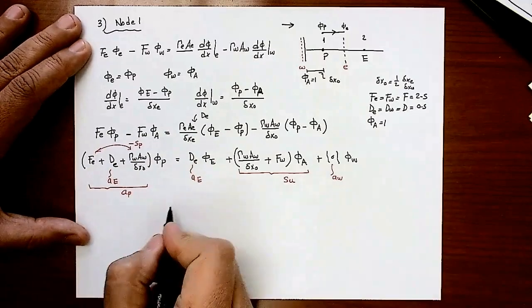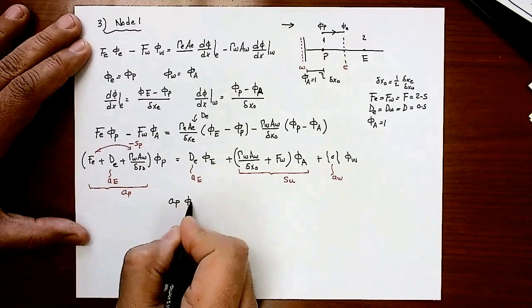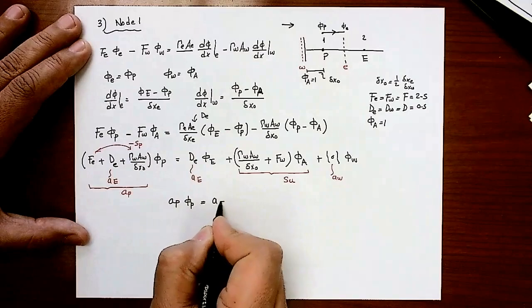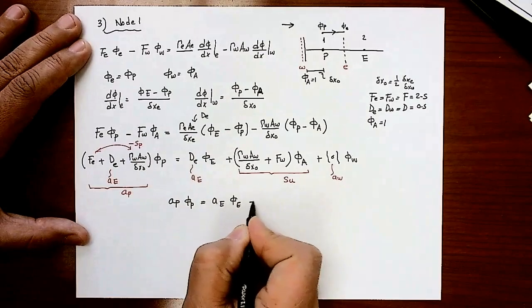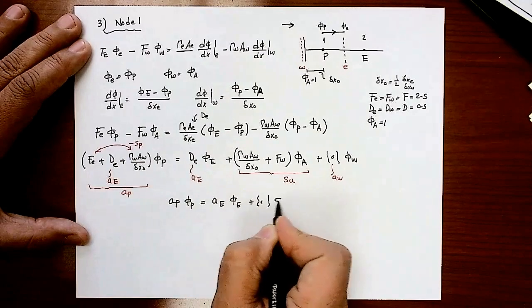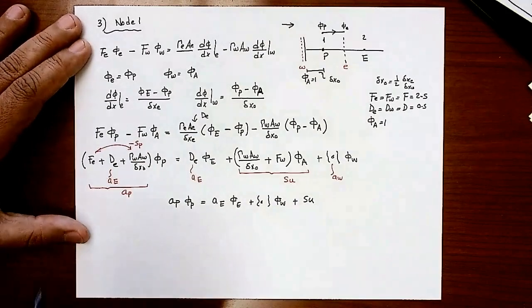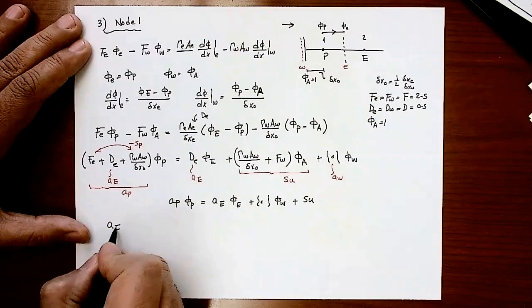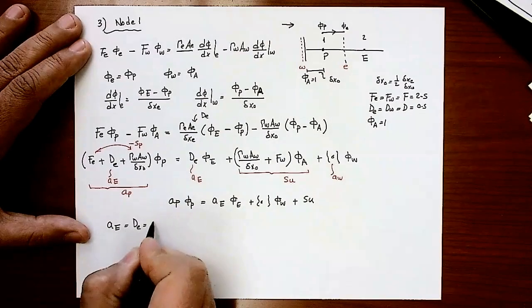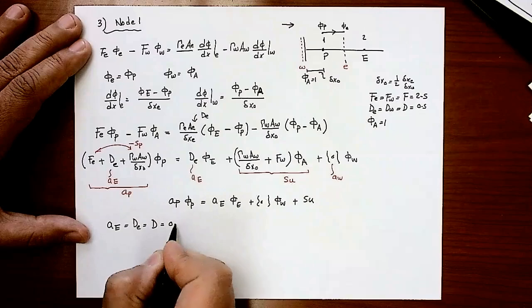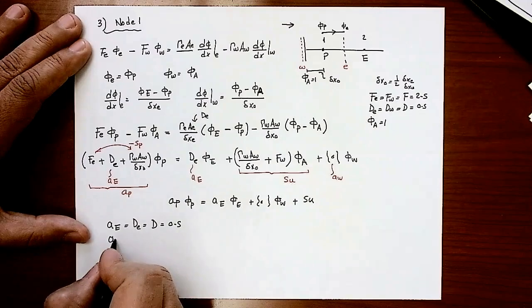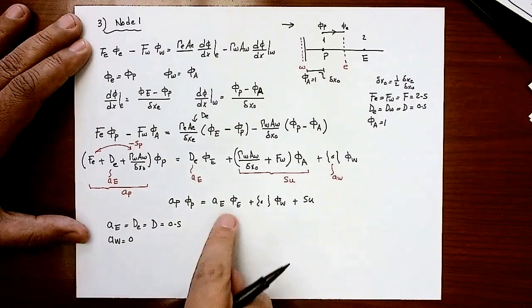So I can write this equation, and the combined terms here are my AP. So the equation can be written as AP phi P equal A east phi east plus 0 phi west plus SU. Now, what are the coefficient values? A east is equal D east, which is equal D, which is equal 0.5. A west is 0.